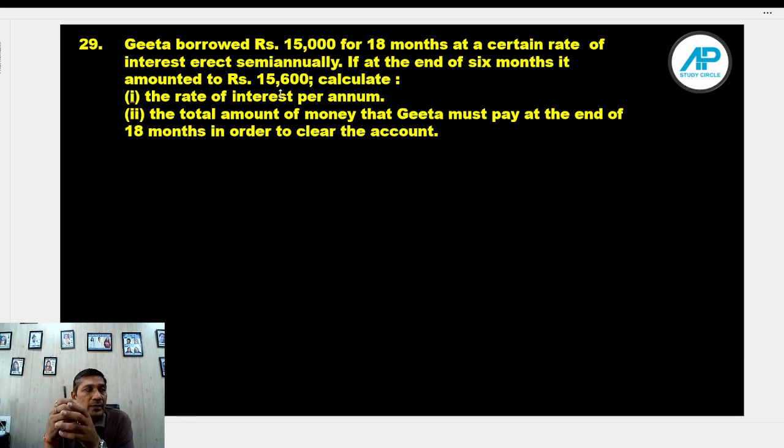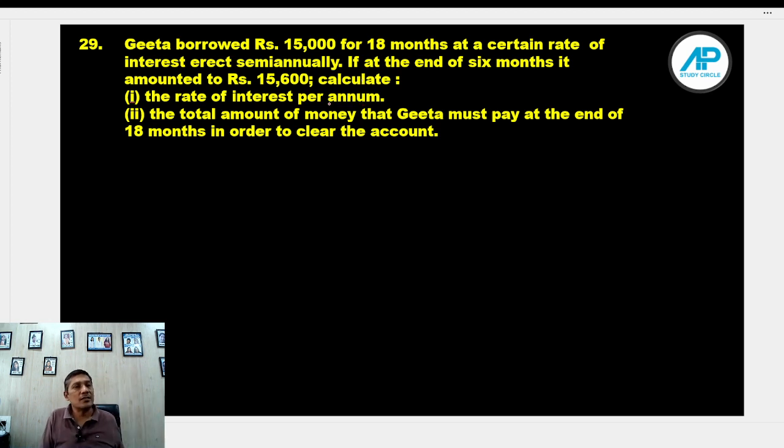Gita borrowed rupees 15,000 for 18 months at a certain rate of interest, calculated semi-annually. If at the end of 6 months it amounted to rupees 15600, so outrightly you should take out the given information from the question.